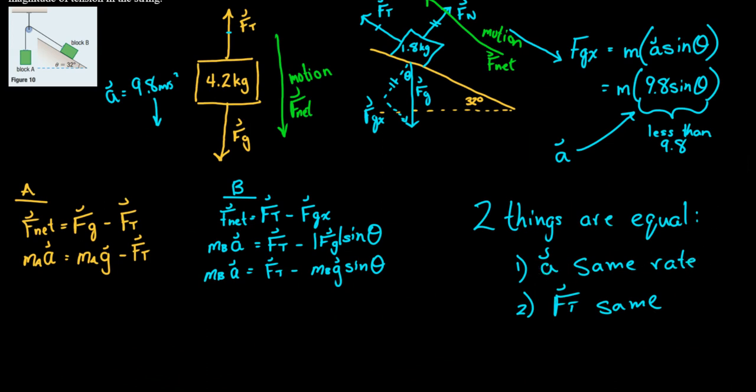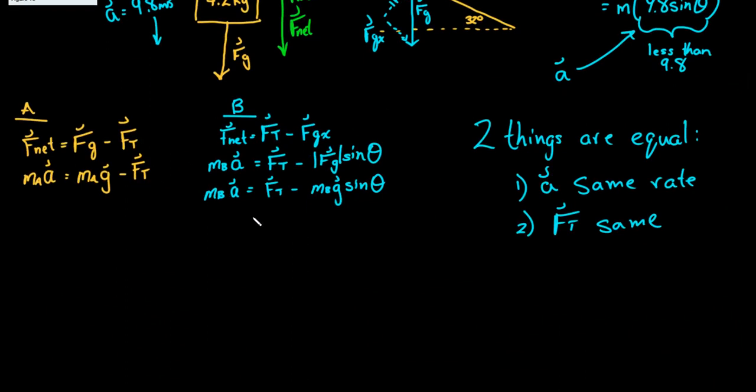So in order to solve for that acceleration, what I'm going to have to do is rearrange both of these equations to solve for the force of tension. So in B, the force of tension is simply going to be equal to F net plus this force of gravity in the x direction.